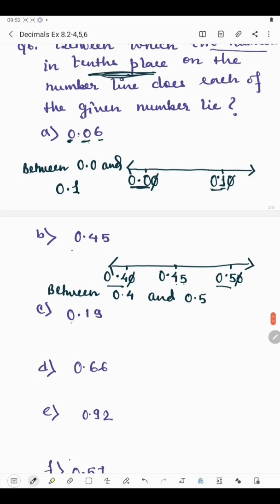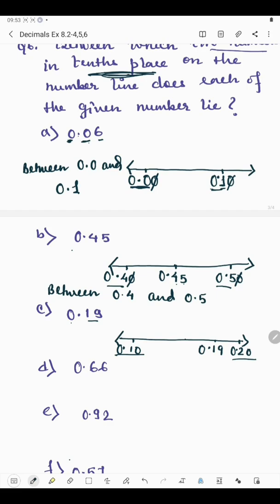Okay, now coming to C part. In the C part we have 0.19. Now if you ignore the point, it will become 19. Suppose 19 is here, so it lies between 10 and 20, right? Now we are putting the decimal. After 2 digits we will put the decimal here, and here also, so it will become 0.10 and 0.20.